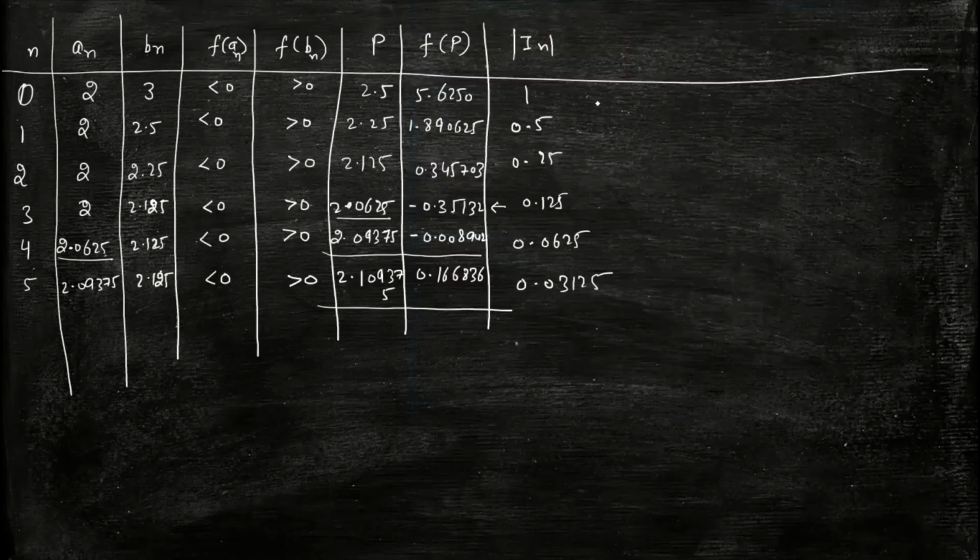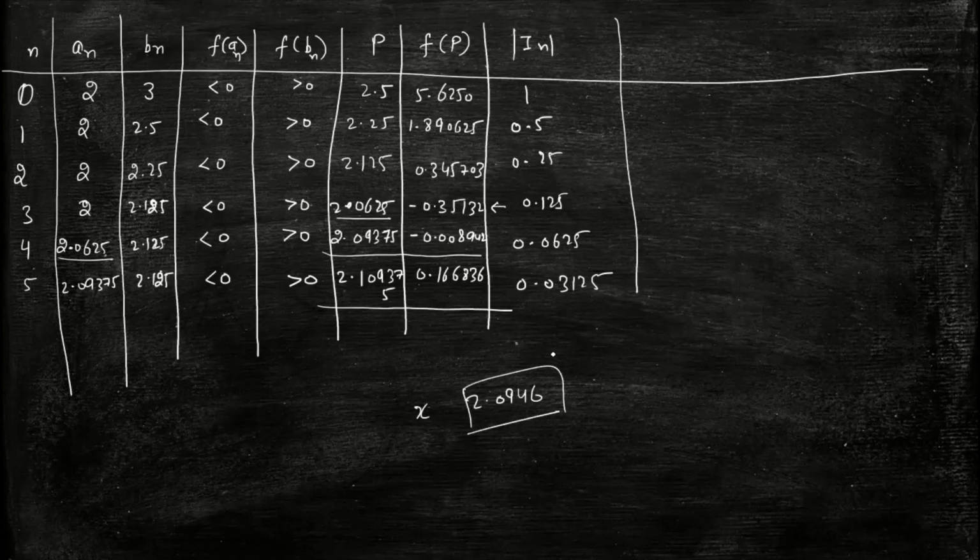Now let us calculate the difference between the actual root and our calculated root. The actual root is 2.0946. You can check this. Well, this is not the exact solution; there are some more decimal places, but I omitted them for the sake of simplicity. Then we calculate the difference between the actual root and our calculated root, which we assume is p.